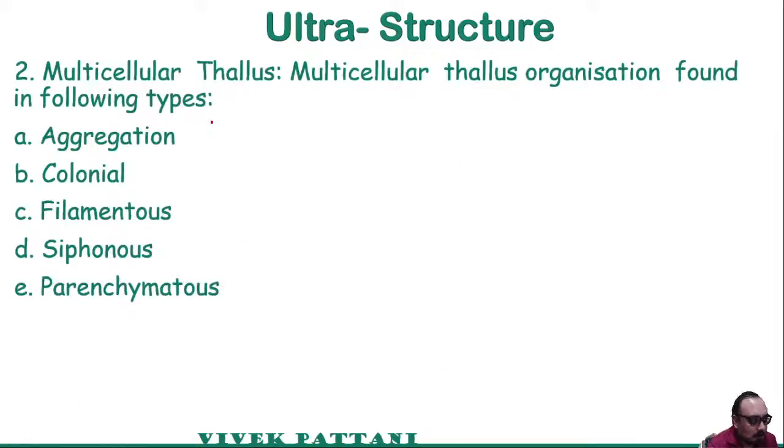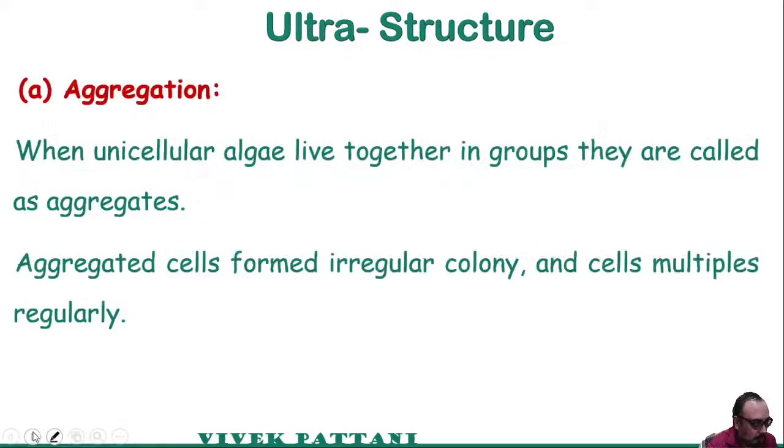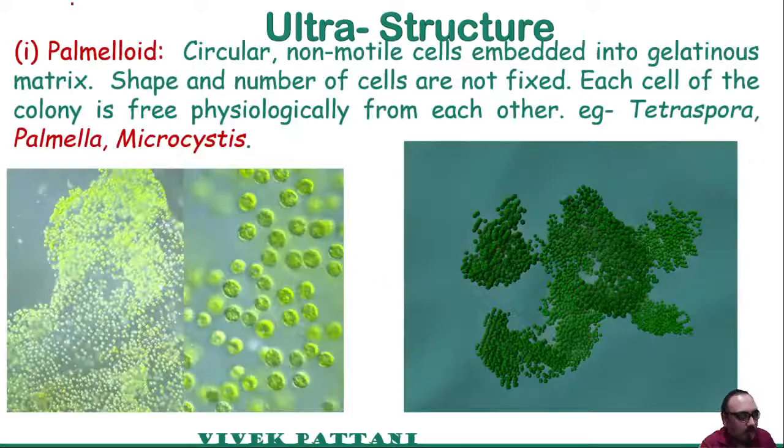There are also multicellular forms, which are found in aggregation, colonial, filamentous and parenchymatous types. The first one is aggregation. What do you mean by aggregation? When unicellular algae live as an aggregate, it includes the palmelloid type.